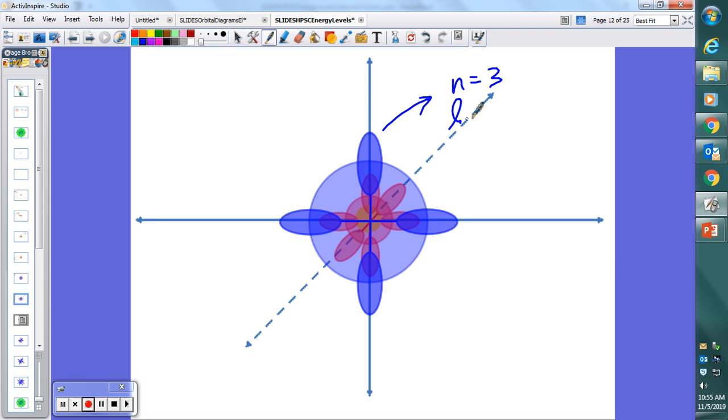And that means that the angular momentum quantum number is equal to 1. And which axis is this p orbital running along? The y-axis. And I think in my notes, I assigned magnetic quantum number equal to 0 there. Following me? Okay.